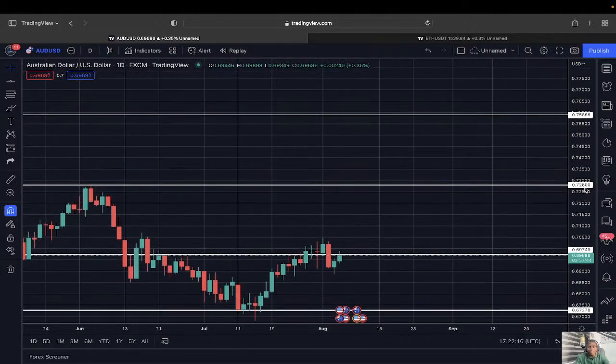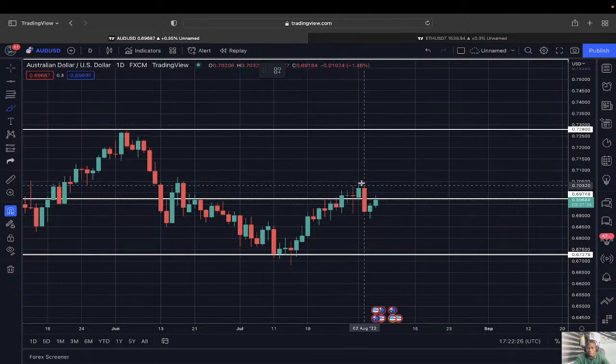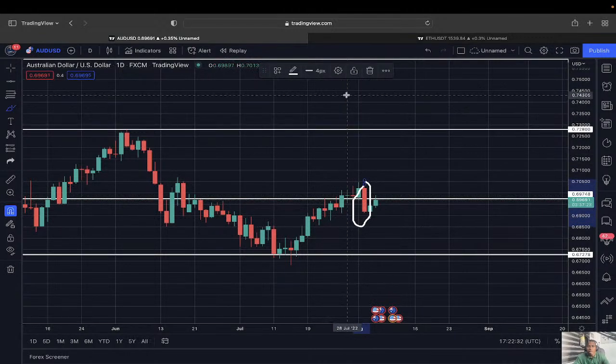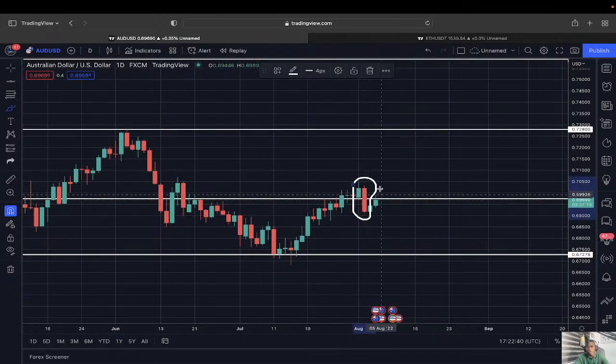On the daily time frame, we have an observation to look out for, which was on Tuesday. This candle is for Tuesday. We can see there was a bearish engulfing candle that came up here.